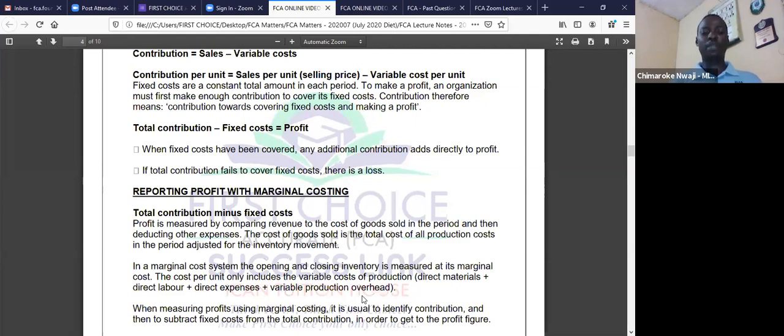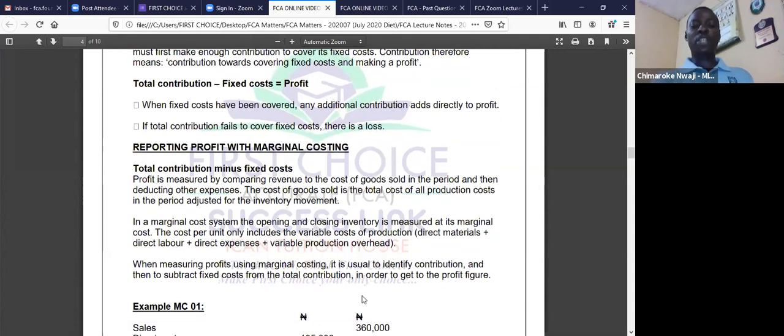Now, how do we measure it at marginal cost? The cost per unit will only include the variable cost of production, which is the direct material, the direct labor, the direct expenses, and when you get to production overhead, just take only the variable part, leave the fixed part. So that will give you your kind of marginal cost of sales, not the real cost of sales anyway. We'll call that one marginal cost of sales.